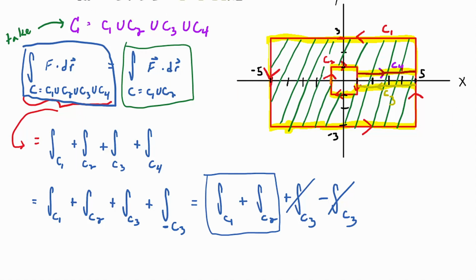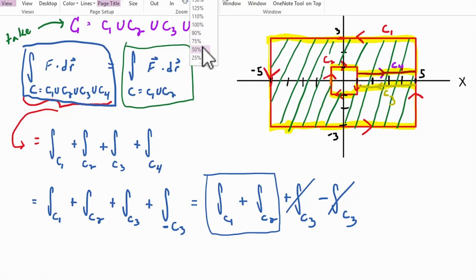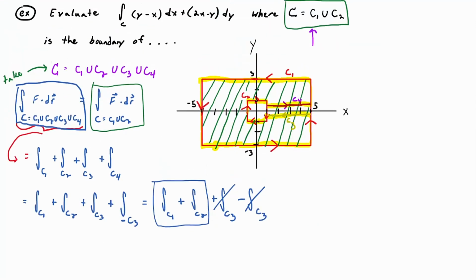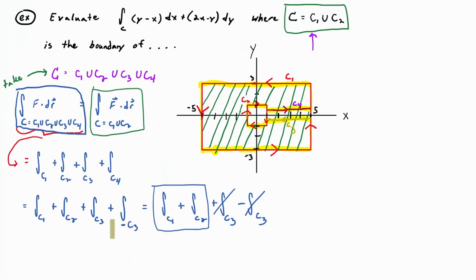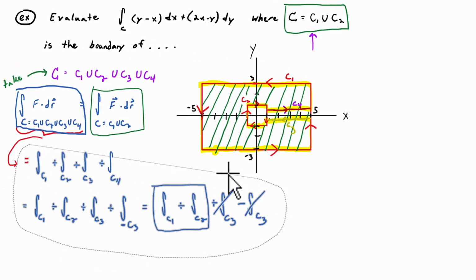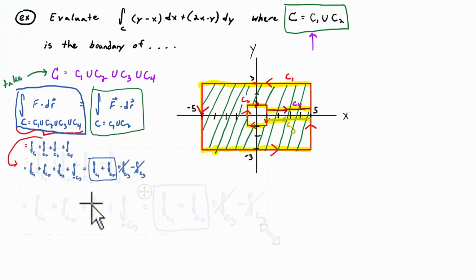All right, so let me back off the view here so we can hopefully keep most of this in view. So Green's theorem, that was just to convince you that it should work. Remember what Green's theorem says. Green's theorem says that the line integral of F dot dr, under the right conditions, is equal to the double integral over R, the region that C encloses, and it does.